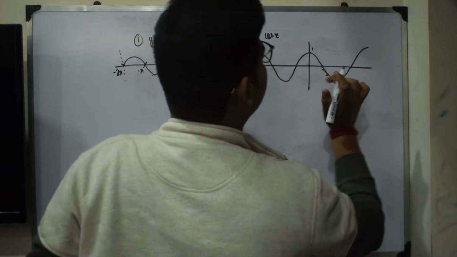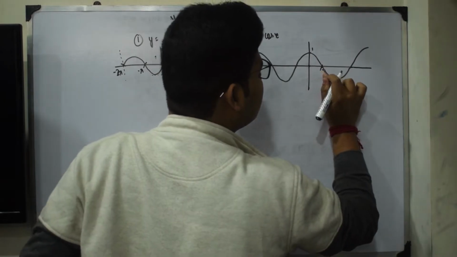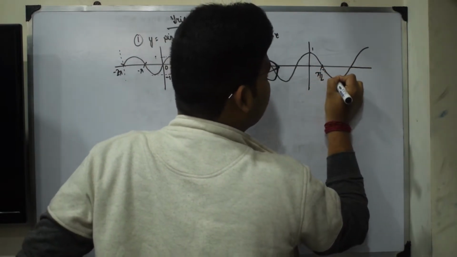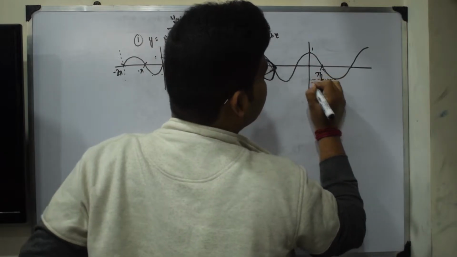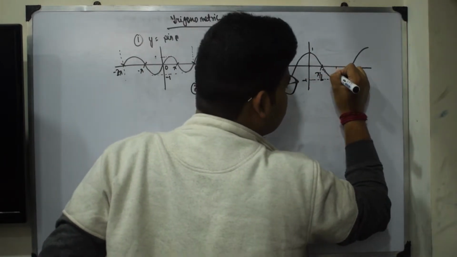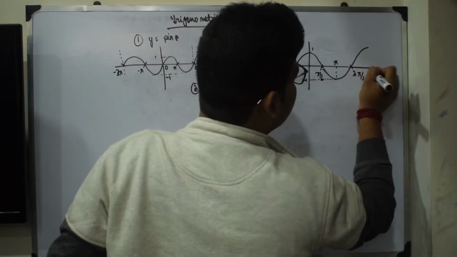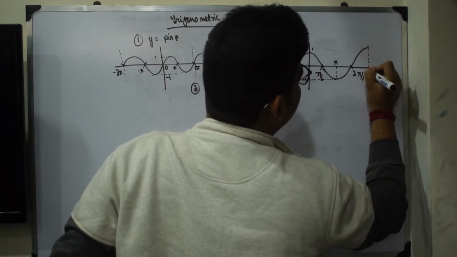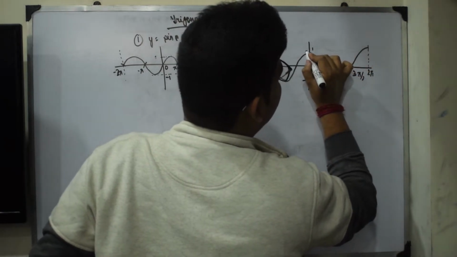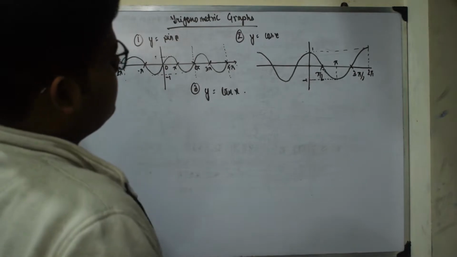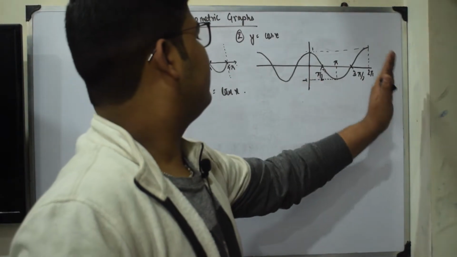Let me write this pi by 2 very clearly. Pi by 2, this is minus 1, cos of pi is minus 1, so this is basically pi, this is 3 pi by 2, and this is finally 2 pi. Cos 2 pi gives us a 1. Okay.